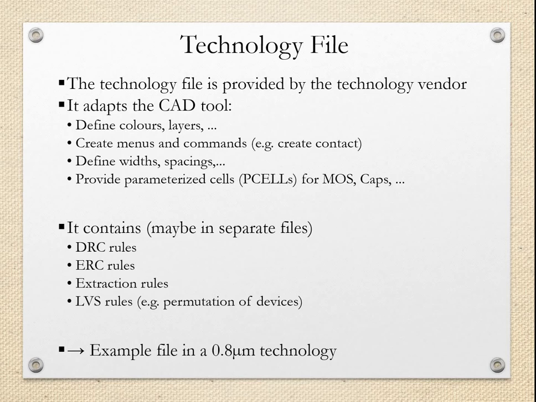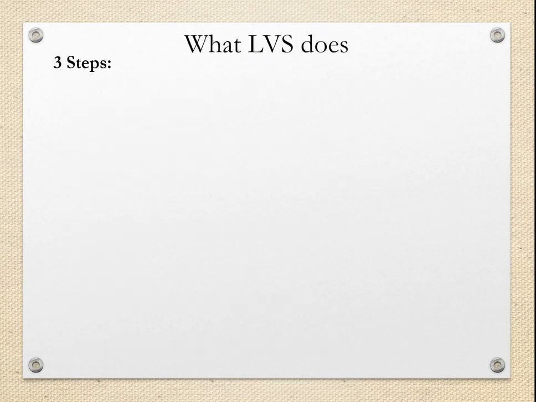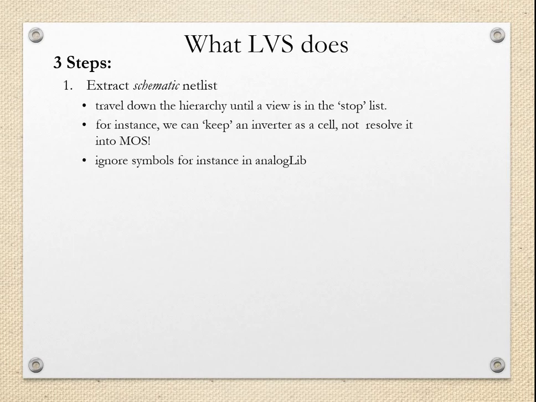that is the layout versus schematic rules. So what does this LVS do, layout versus schematic? 3 steps are there. Extract the schematic netlist. So travel down the hierarchy until a view is in the stop list. For instance, we can keep an inverter as a cell and not resolve it into the MOS.